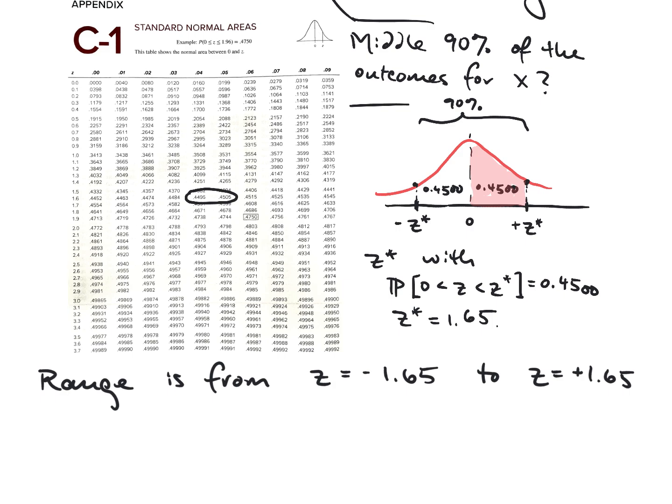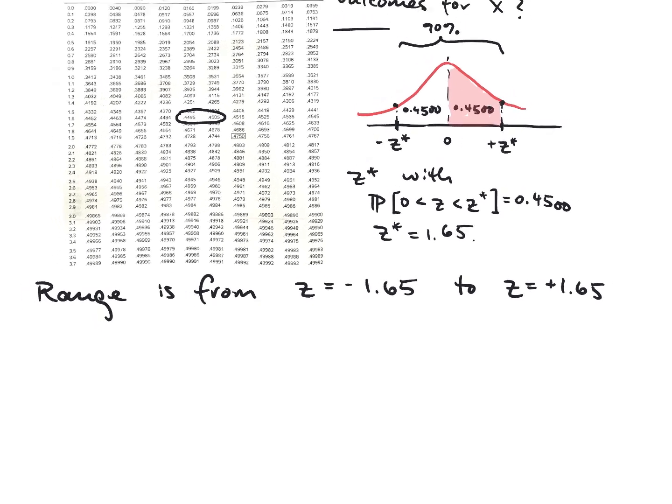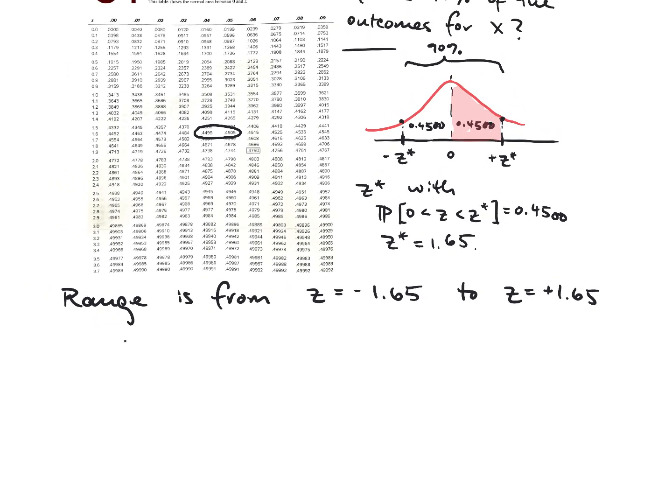And now we have to go back into the values of x. Remember that z stands for x minus the mean over the standard deviation. The mean, mu, is calculated as n times p, according to our formula.